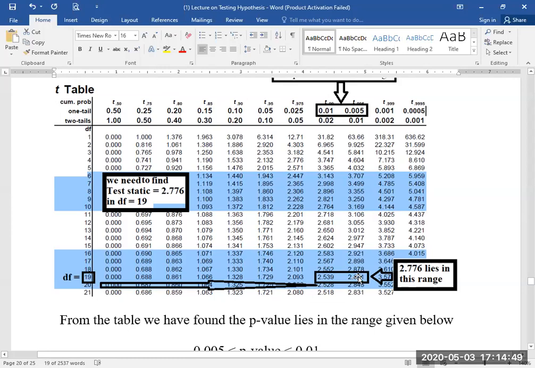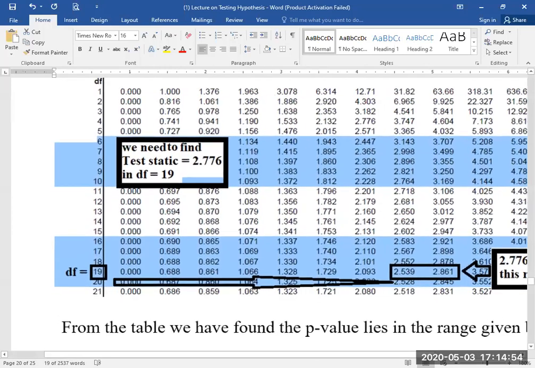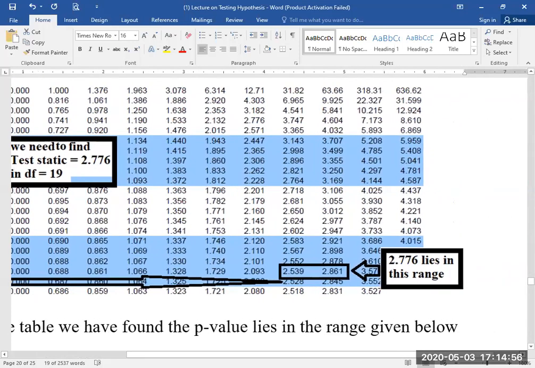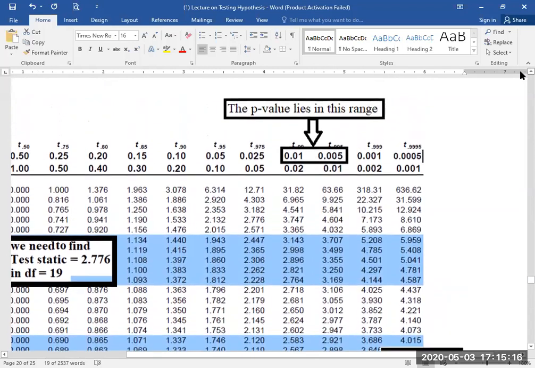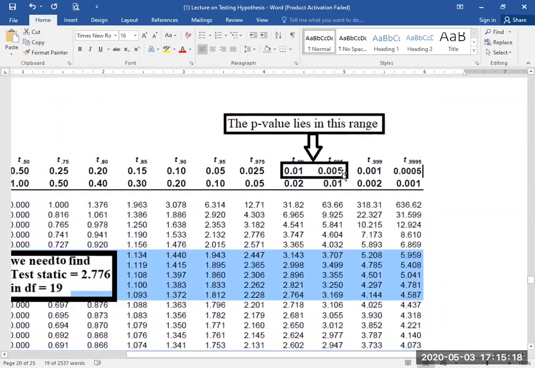I am zooming in to clear the view. We have to find 2.776 in the row of 19 degrees of freedom. 2.776 lies in this interval, greater than 2.539 and less than 2.861. From the headers of these two columns, 0.01 and 0.005, the p-value lies in this range.